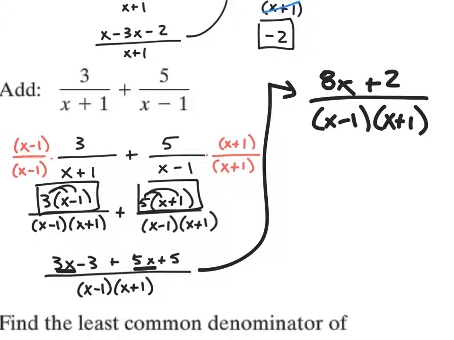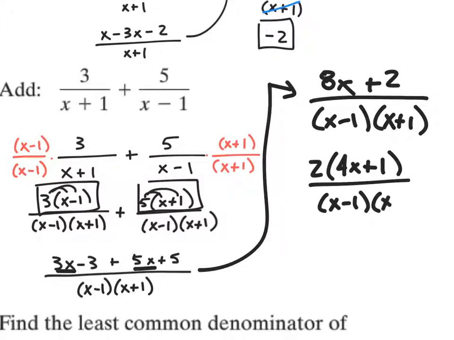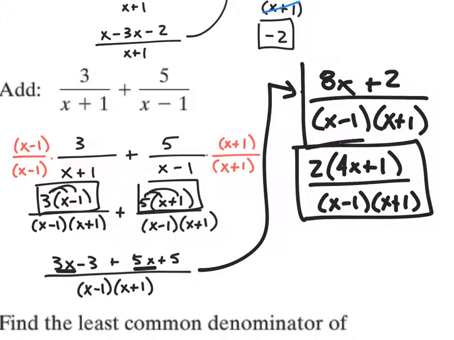And we could factor out a 2 in our numerator and write that as 2 times 4x plus 1 over x minus 1 times x plus 1. It doesn't really matter. I will take that. If you wanted to even multiply out the denominator, you could do that too. So it kind of just depends on what you want to do. But that's what I got. So that's how we would do that.